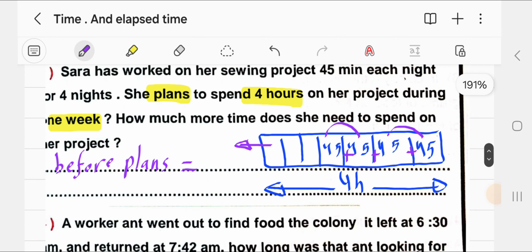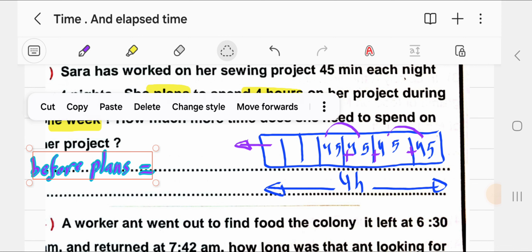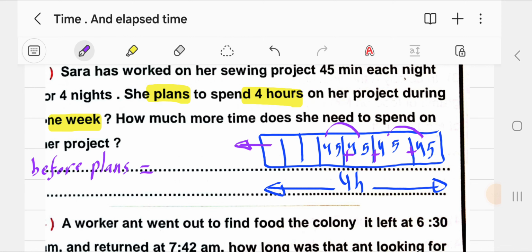I don't have a space here but you can write it: 45 plus 45 plus 45 plus 45 equal 180 minutes. That was before she planned her project.